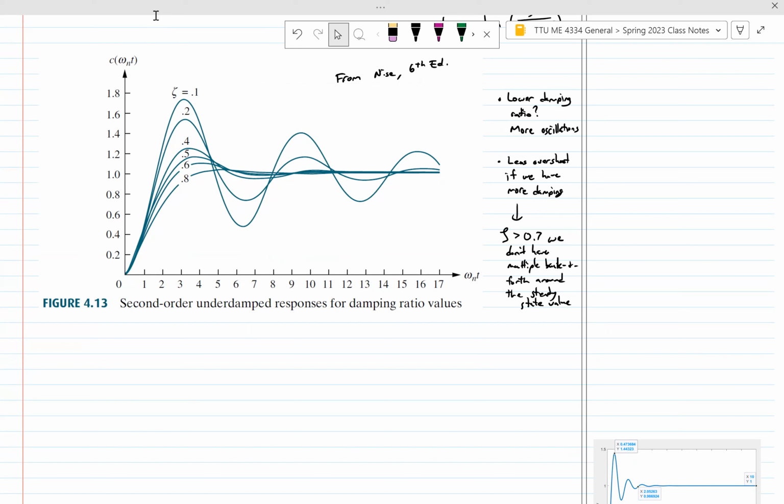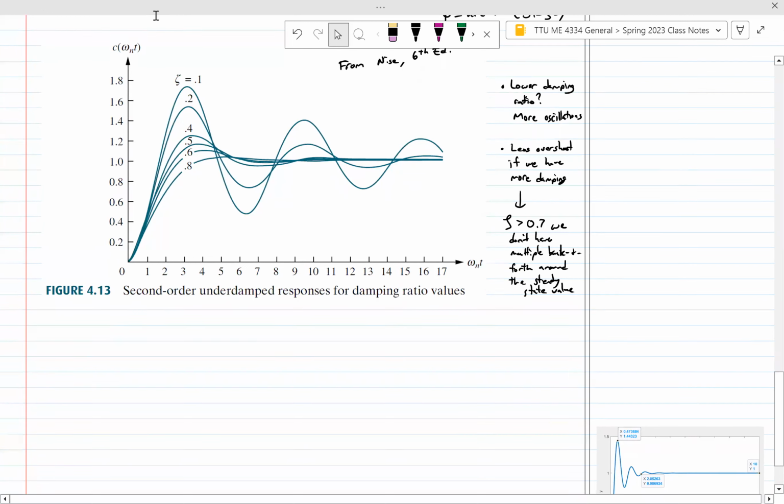What did we use to figure that out? This is going to be on the exam. It's on the homework too. What parameters are related to a first order system? What was that? Time constant.